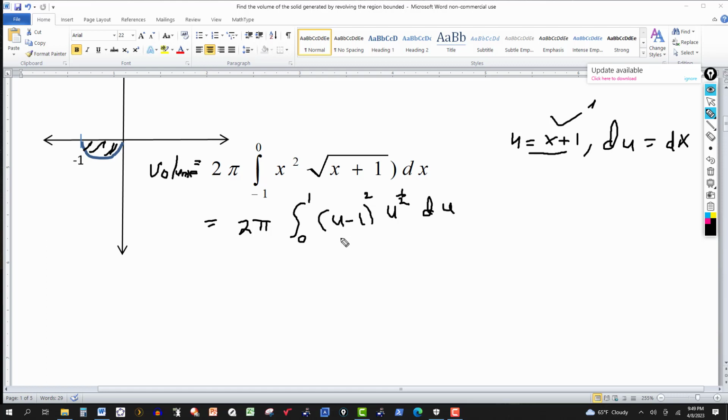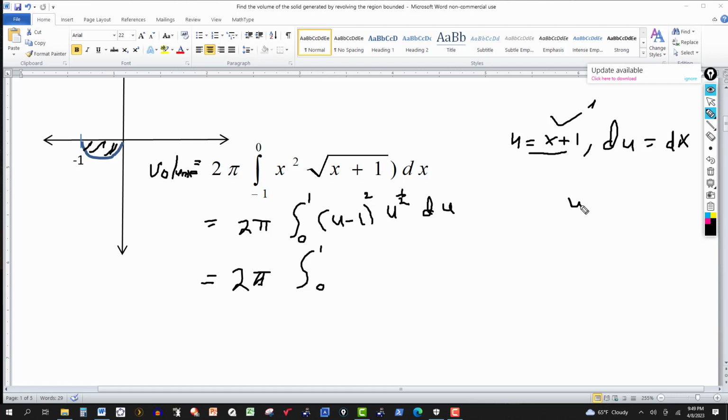Now I can leave everything in terms of u, find the antiderivative of the integral, and then just plug in the values. So this is going to equal 2 pi, and go from 0 to 1. And then I'm going to do this on the side over here.